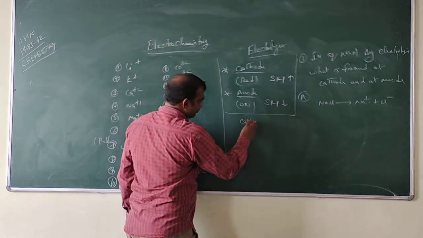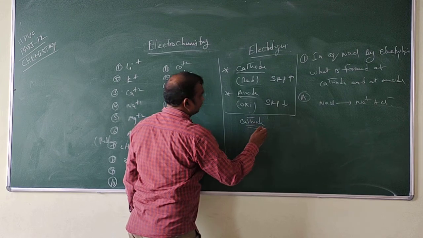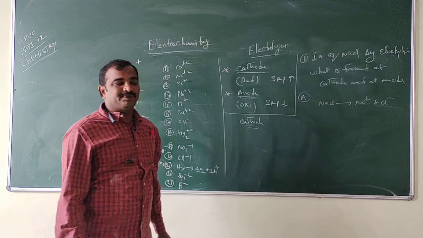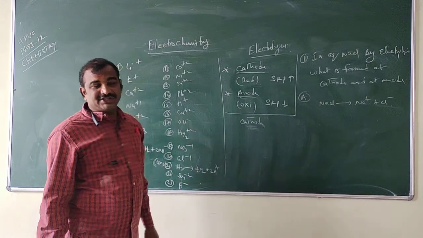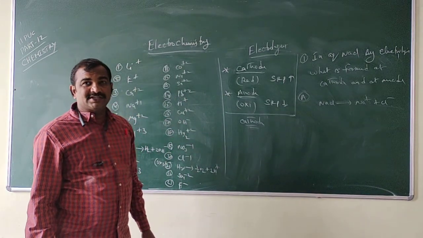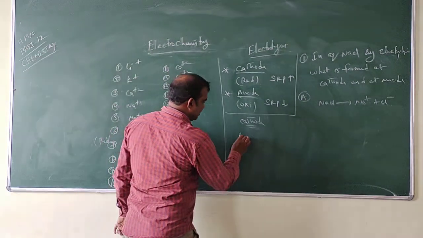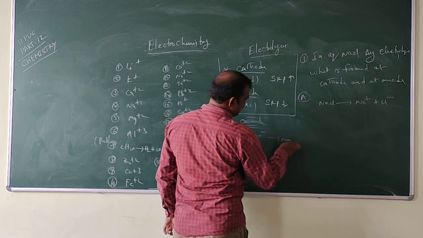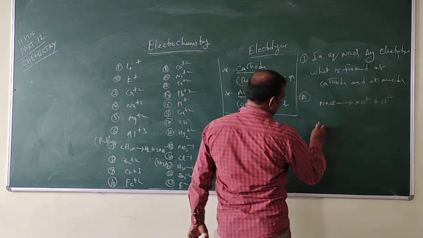Cathode means reduction. Reduction means gaining of electrons. So Na+ gains electrons and Na is formed. So what about anode?